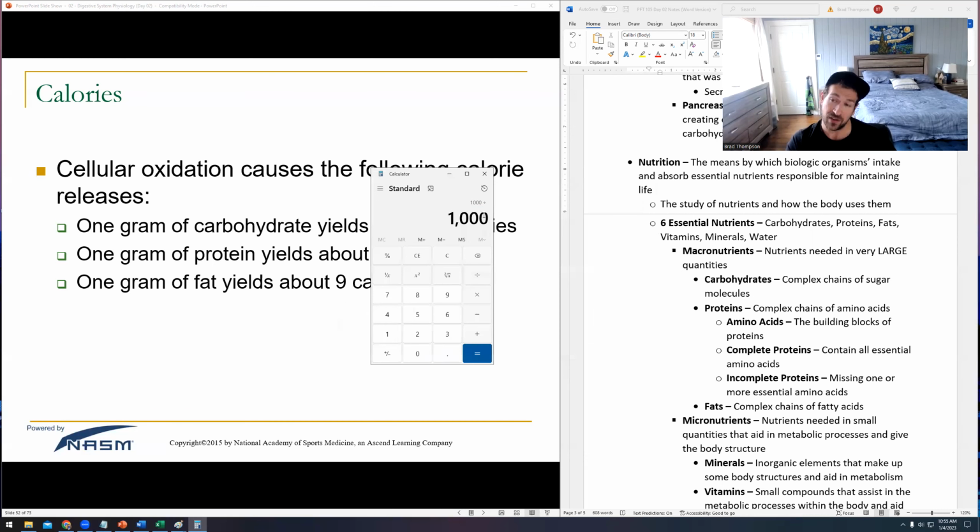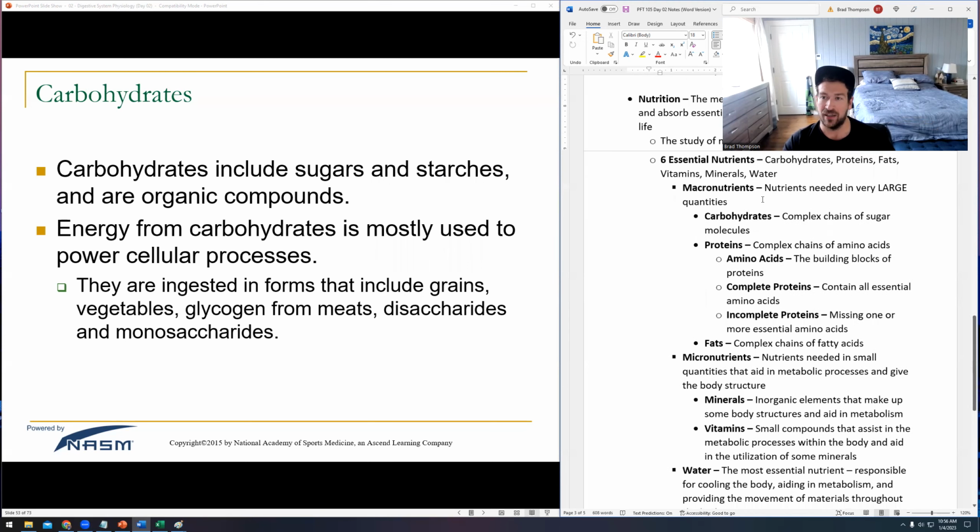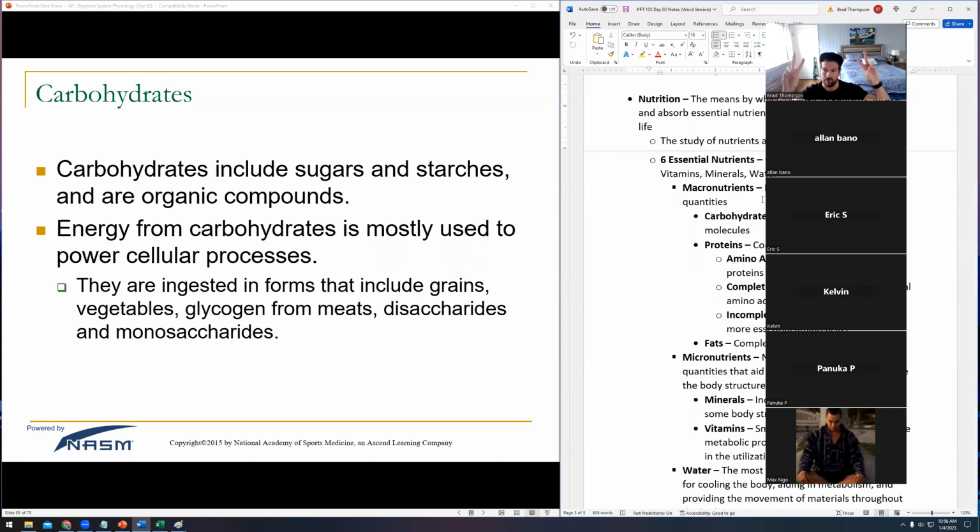So if I divide 1,000 by 4, I would tell them, hey, I want you to eat around 250 grams of carbohydrates per day. That'll give you 1,000 calories. That'll be 40% of our caloric goal. I know I did that a little quick, but that is what we're going to be learning in our nutrition class. And I just wanted to do it as a preview. So that is how we actually calculate our clients' macros, right?